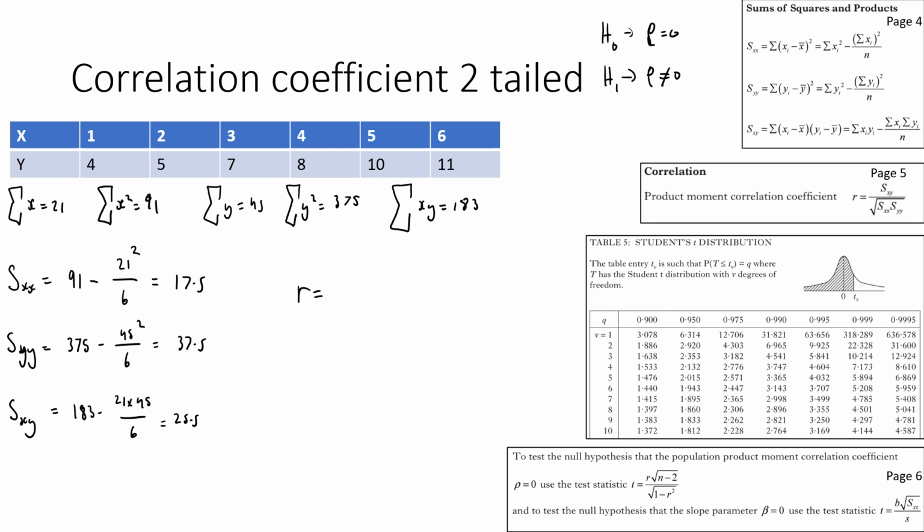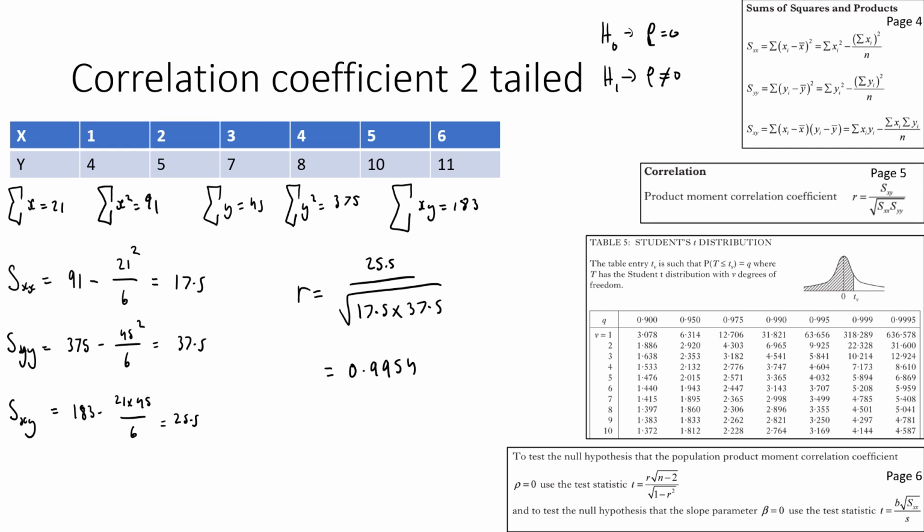R is equal to sxy, which is 25.5, over the square root of s double x, which is 17.5, times s double y, which is 37.5, and that gives us a value of 0.9954. Now we have to do a t-test.